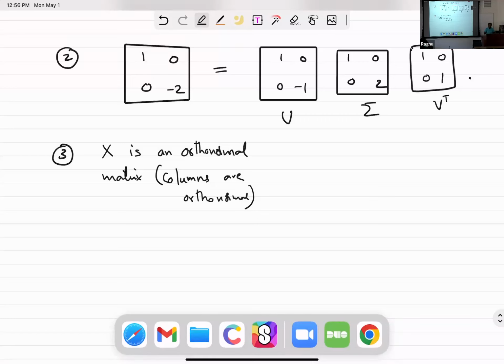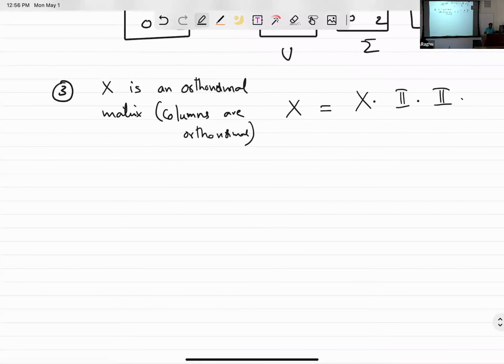What would be an SVD then? Yeah, X times identity works. All right. This is just a way to see that you get some nice properties.